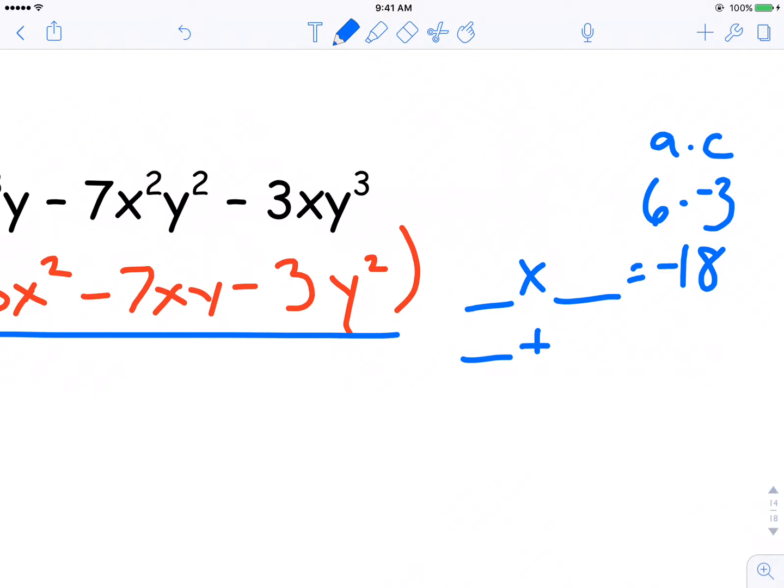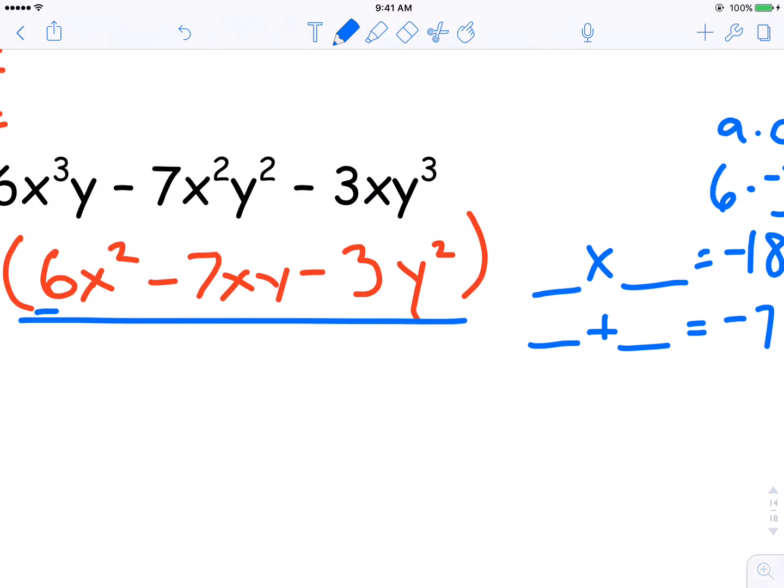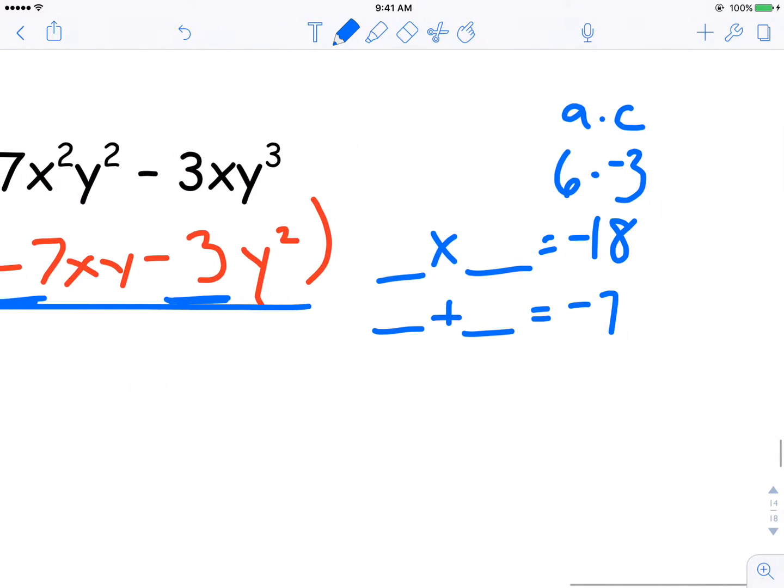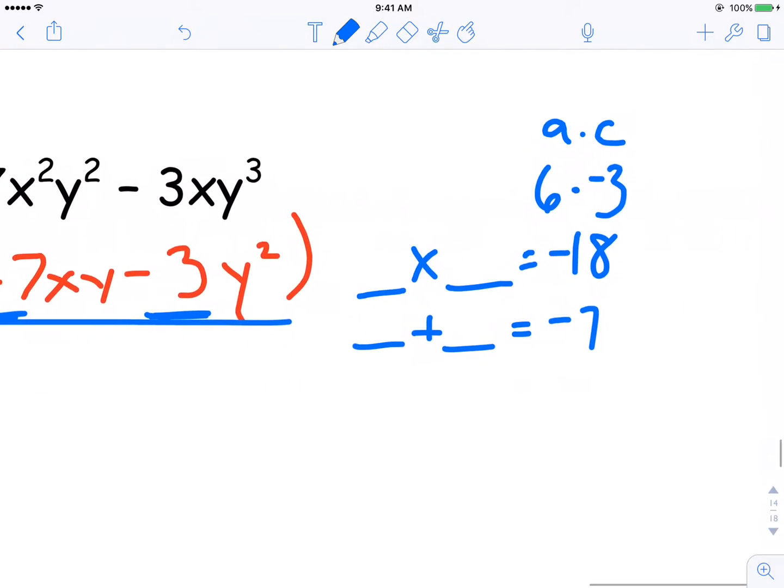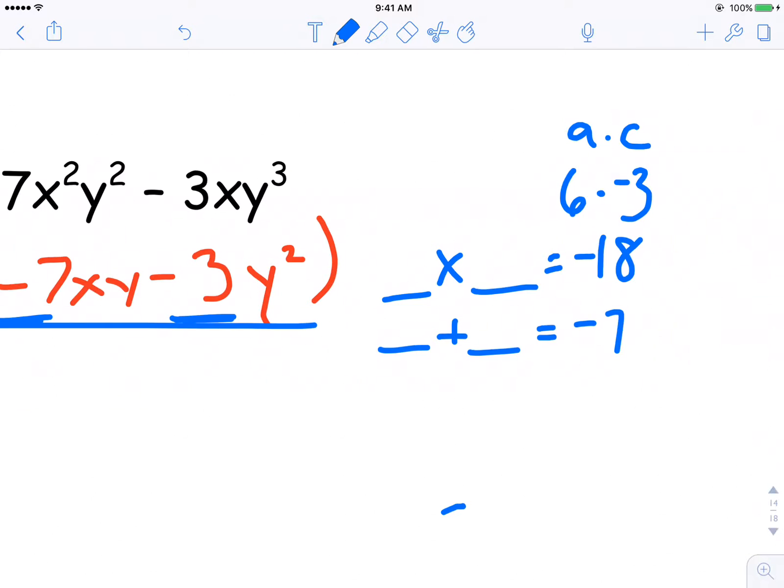But those same two numbers add together to give me b, which is negative 7. So I look at what my factors of 18 are. My factors of 18 are 1 and 18, 2 and 9, 3 and 6.